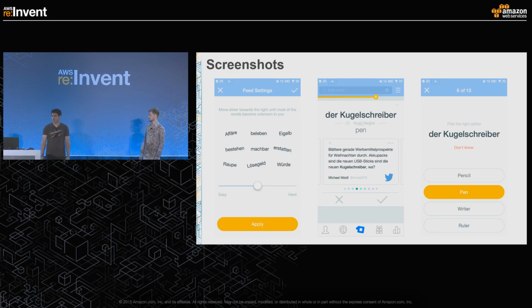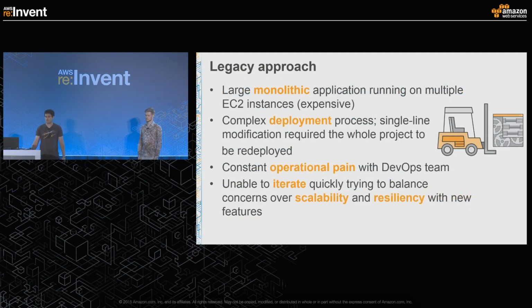In our app, the backend handles functions like user authorization, content update, leaderboard, social features, and so on. While developing and maintaining our application, we started facing different problems as the system grew. So let's take a brief look at our previous approach. It was a large monolithic application which was running on multiple dedicated servers, and that cost us a sensible amount of money every month.